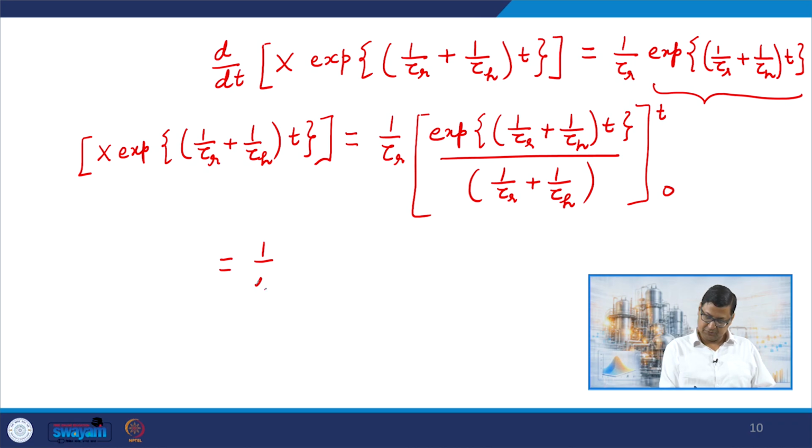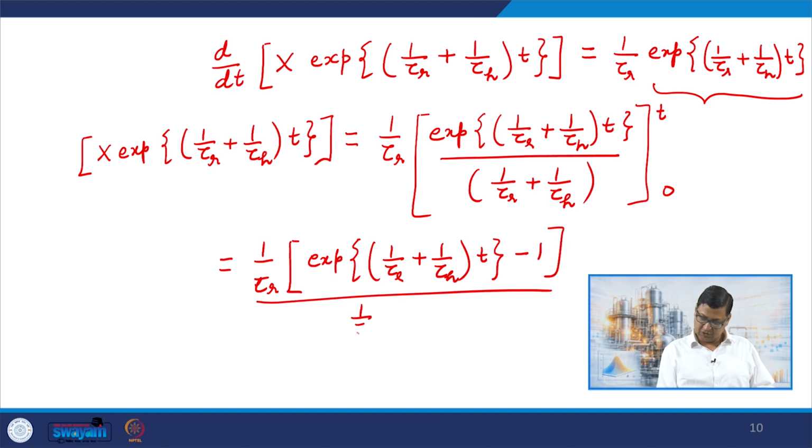That gives me 1/tau_r times exponential of (1/tau_r plus 1/tau_h) t minus 1, divided by (1/tau_r plus 1/tau_h), right.